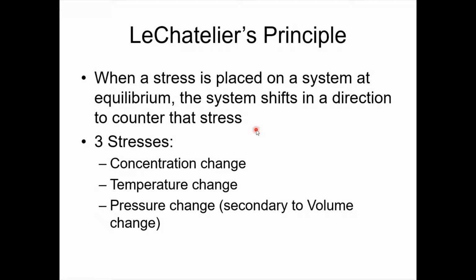And if you recall from the last video, a system is at equilibrium when there's a certain amount of reactants and products. There's reactants and products both in there, and they have a certain proportion of reactants to products that equals the equilibrium constant. Right? So the amount of products divided by the amount of reactants, and there's that whole equilibrium expression, the law of mass action equation, that we need to use for that.